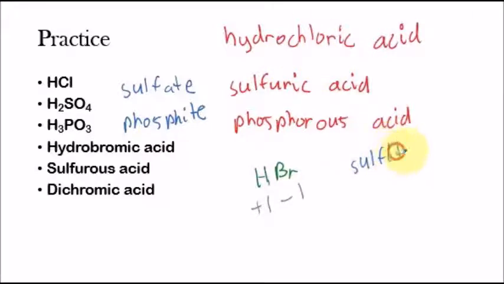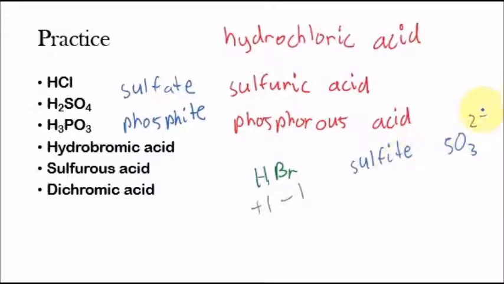It's a little confusing, but just bear with me. So sulfite is the polyatomic ion we're looking at. Sulfite is SO3 2-, and we're going to have to balance that with hydrogen.